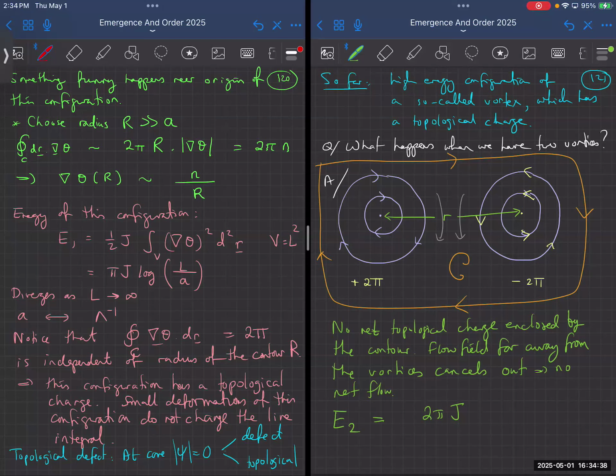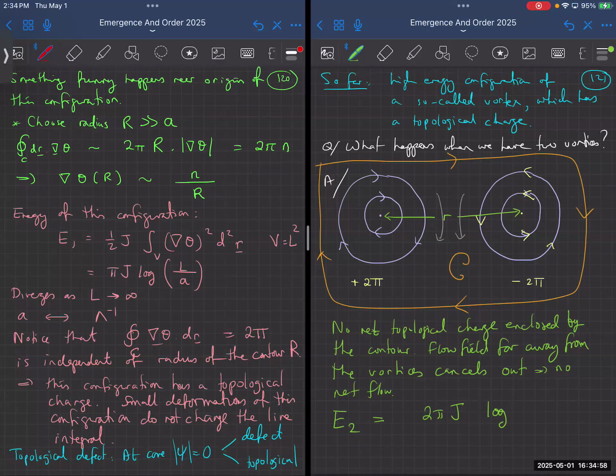But what's going to happen now is that whereas before the logarithm had as its scale the whole system size, now the only relevant scale in the system is the separation of the vortices. On the scale of the system itself, you don't see any vortices at all.